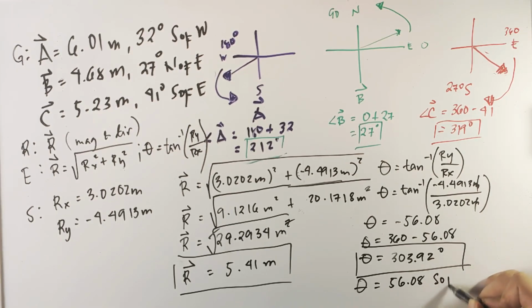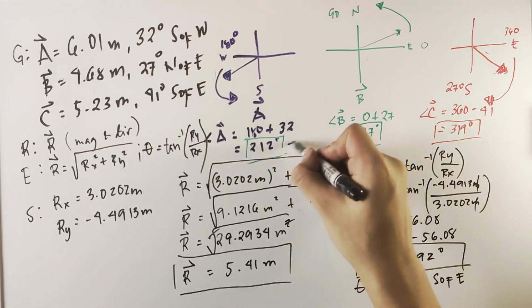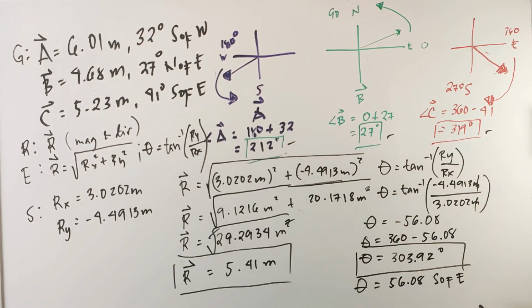Okay, so that's south of east. So this is also correct. Okay, but if you're going to stick with this notation of angles, this would be okay. Alright, so I hope you got those 2 ways of solving.